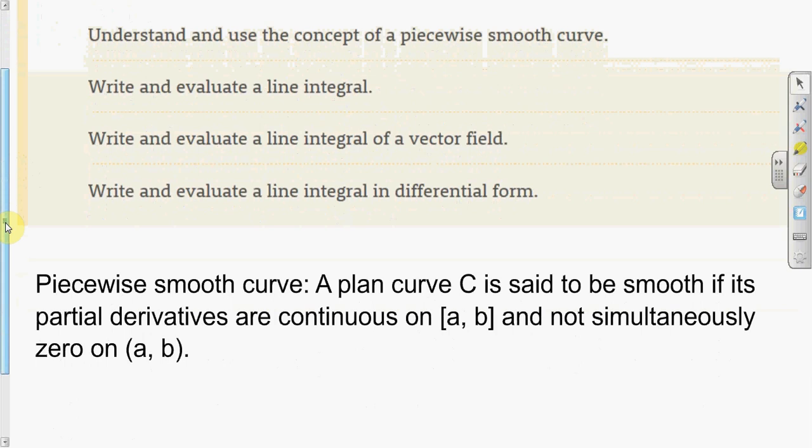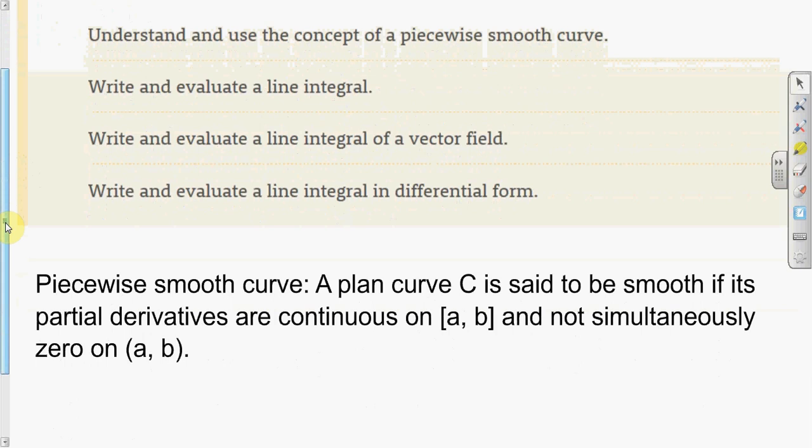Because the derivative itself may exist at A or at B. So obviously continuity on the closed interval, and then the actual derivatives themselves, you don't want them to be simultaneously zero on the open interval.